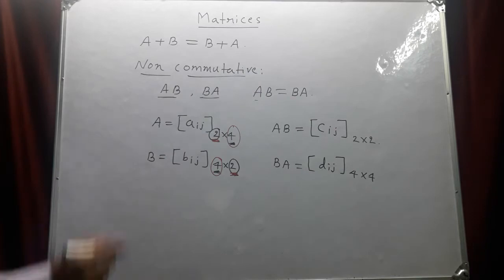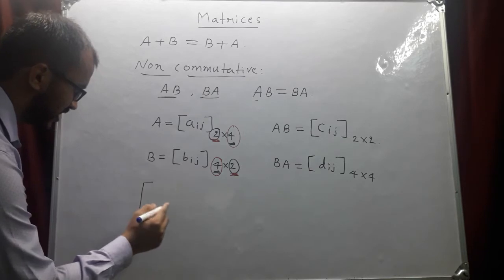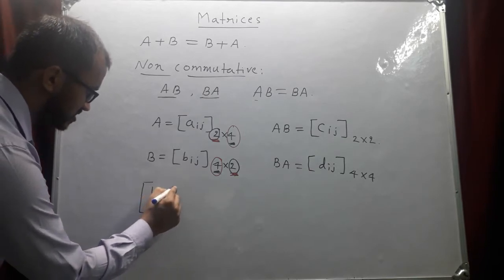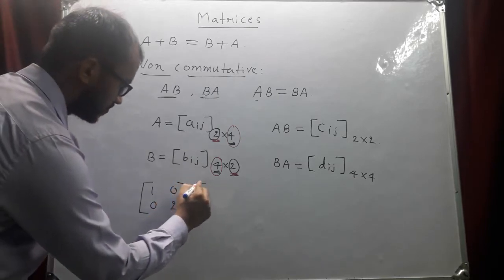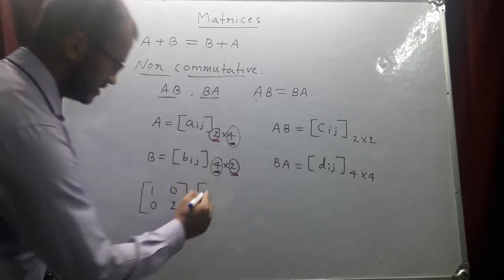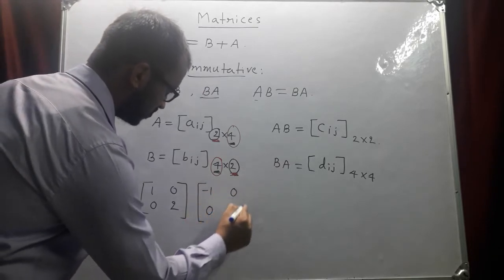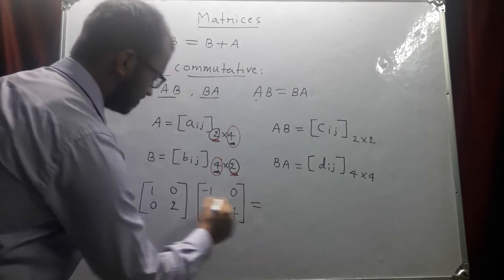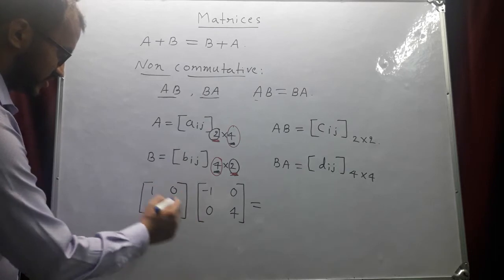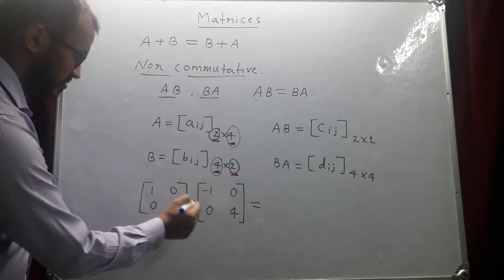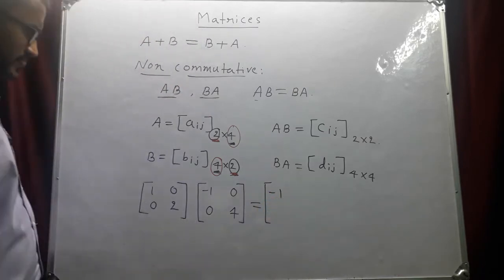For example, consider two diagonal matrices, say [1 0; 0 2] into one more diagonal matrix, say [-1 0; 0 4]. In the product of these two matrices, what will we get? First row, first column, that is 1 into -1 plus 0, that is -1.